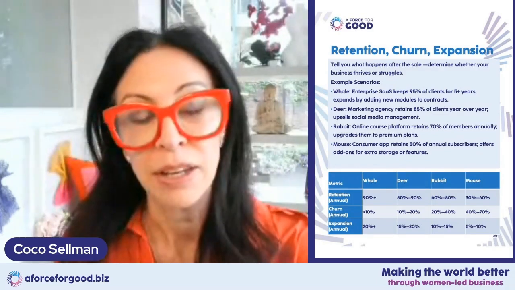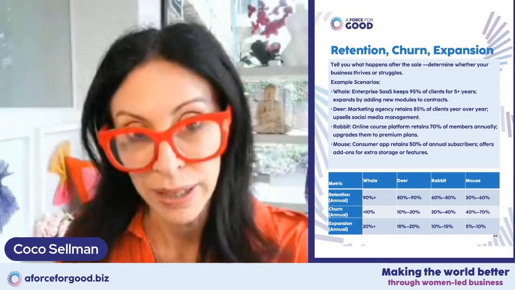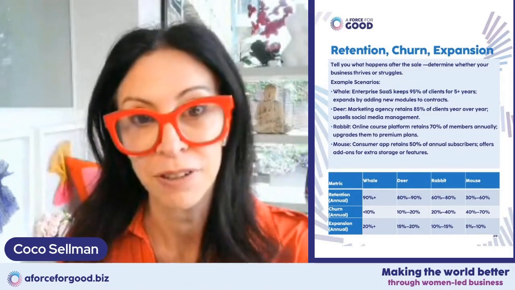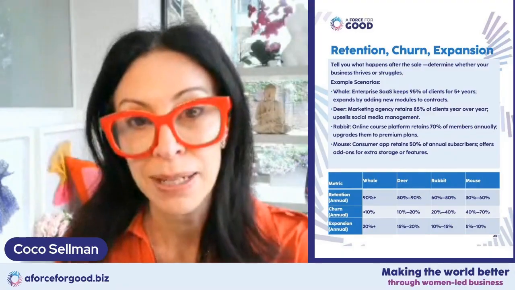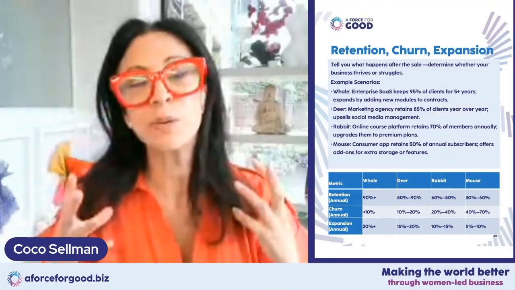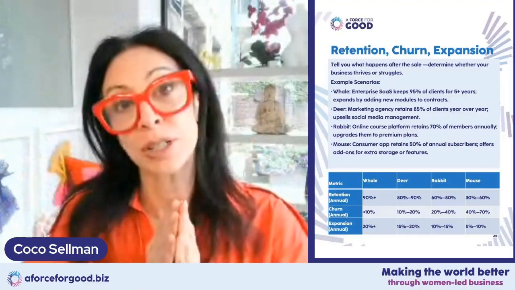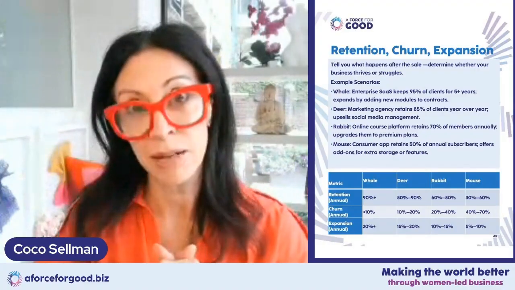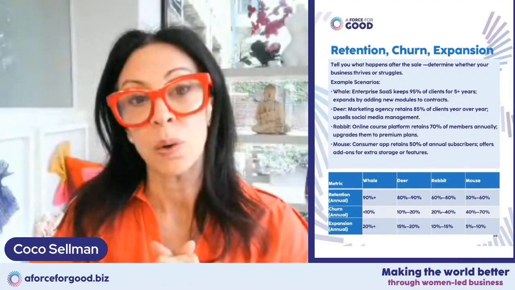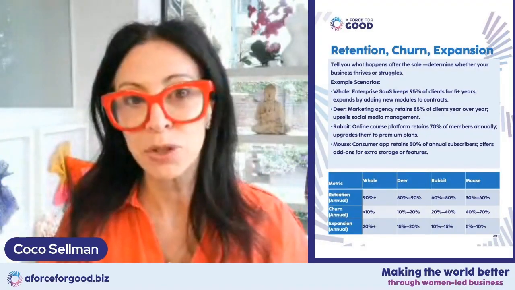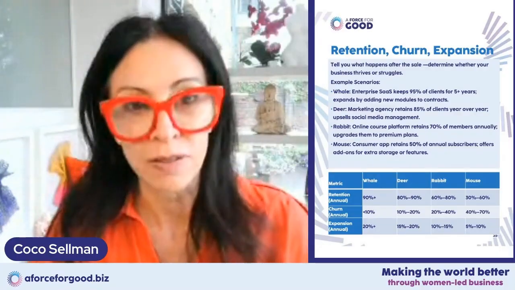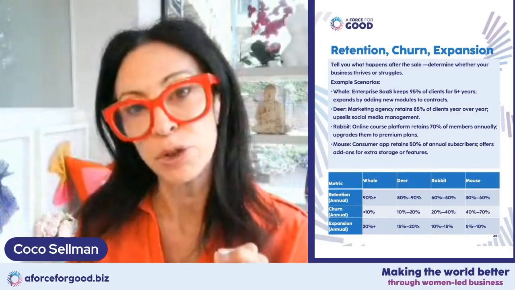Annual expansion, the highest, again, is the whale, 20%, followed by deer, 15 to 20, rabbit, 5% to 10%. This gives you the ability to think about how many customers this year am I going to retain 12 months from now? And then how many of them am I going to be able to expand services? That helps you build your model.